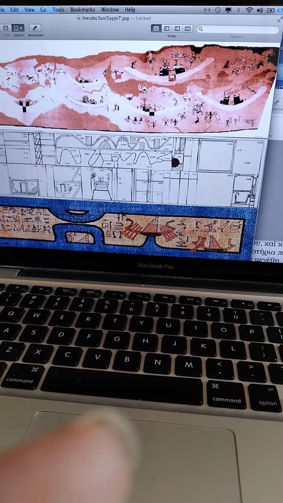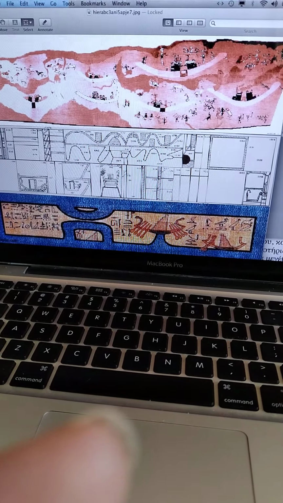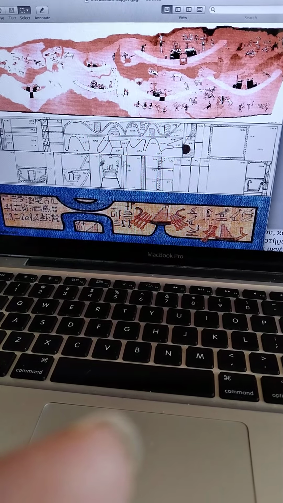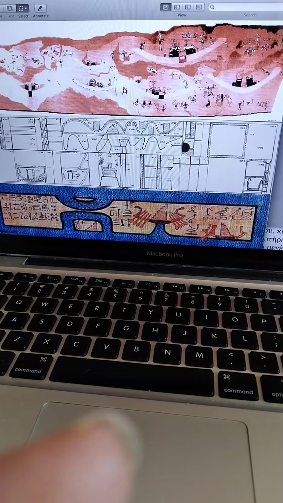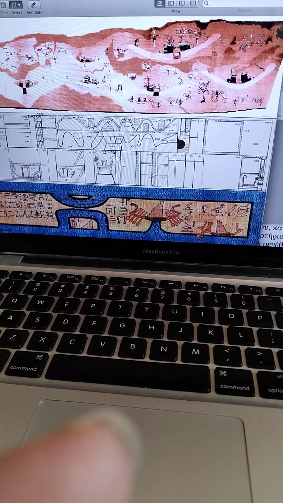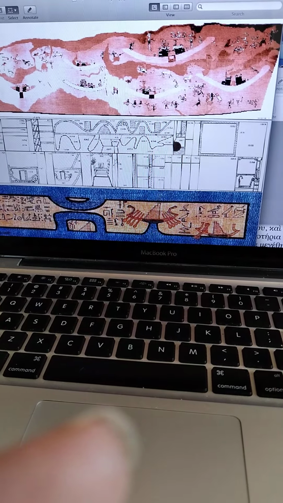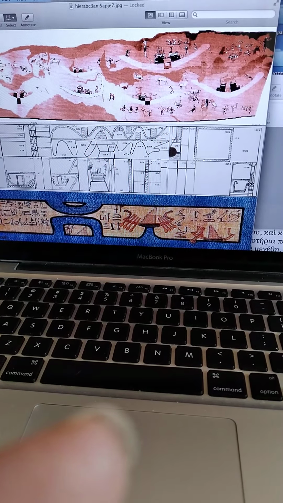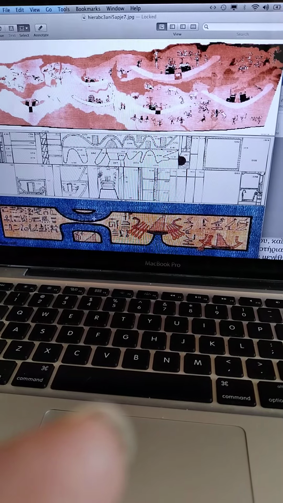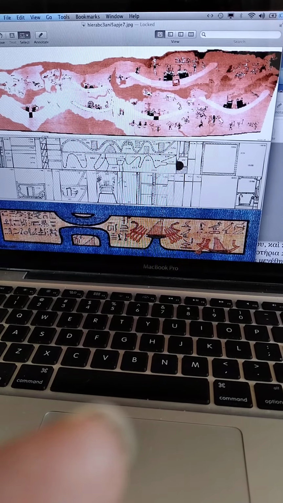But these are the boats that we see again in this coffin text from 4,000 years ago, from a woman in Hermopolis. And then this is another one from 3,000 years ago from the Book of the Dead, the Papyrus of Ani.